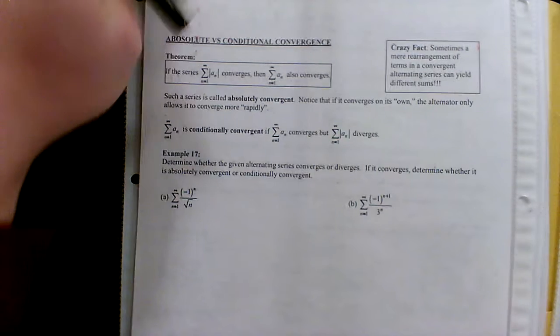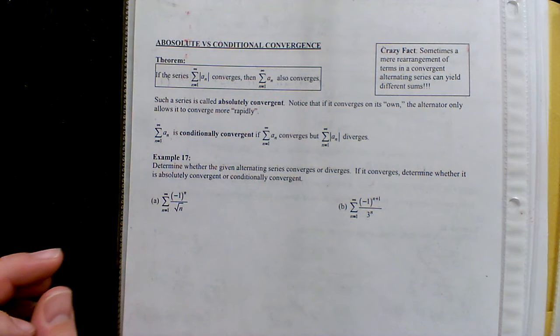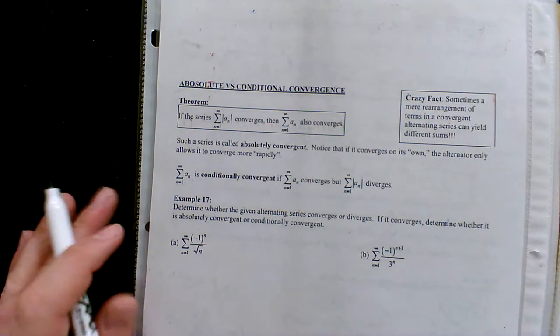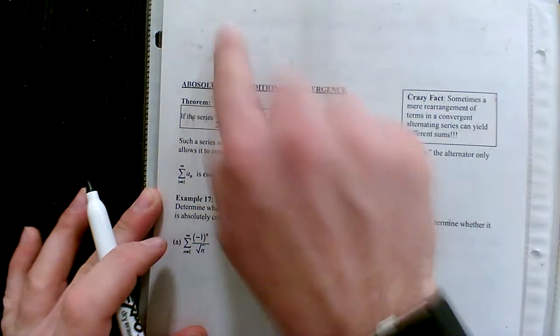All right, so if you flip over, what we're going to talk about now is absolute versus conditional convergence. And we have a little bit of space at the top, so we're actually going to write a few things at the top here.